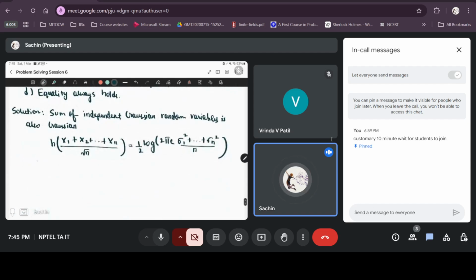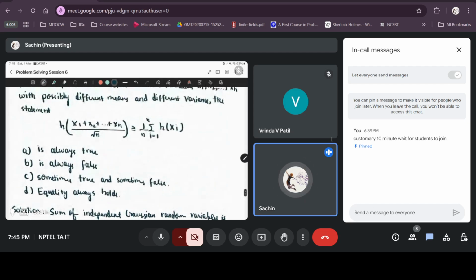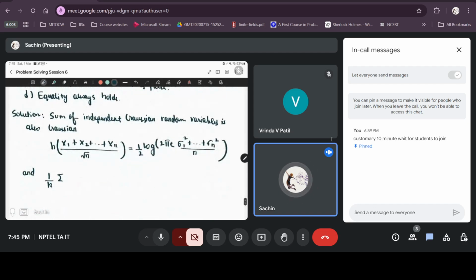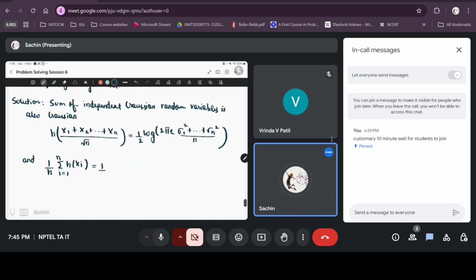Now, individually, if you take them and sum them up, the RHS is 1 over n summation of h of xi, i equal to 1 to n, and each of the xi's is a Gaussian random variable, and the differential entropy is half log of 2 pi e sigma i square.